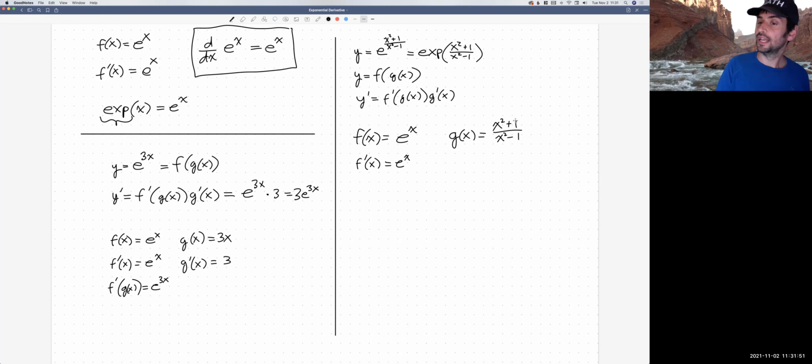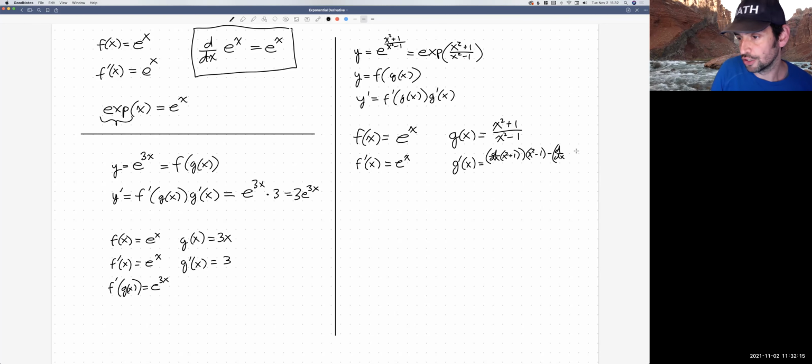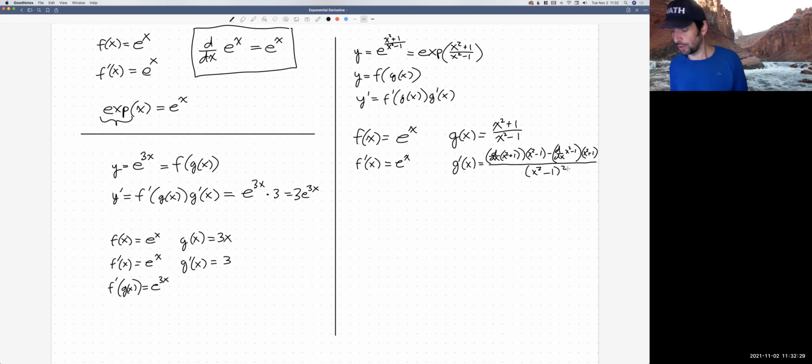This is the easy one. G prime, I notice, is a quotient function. And so it might work well to use the quotient rule. So I need the derivative of the top function times the bottom function, minus the derivative of the bottom function times the top function, and then all of this over the bottom function squared.